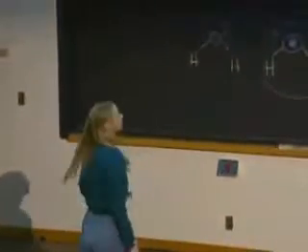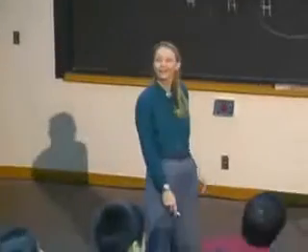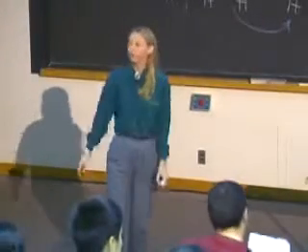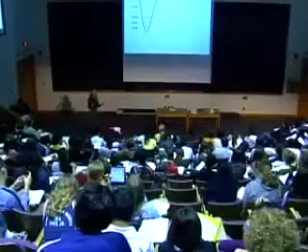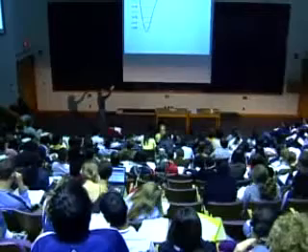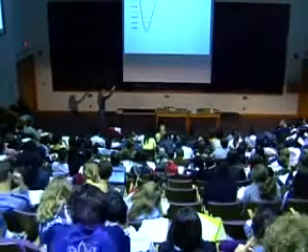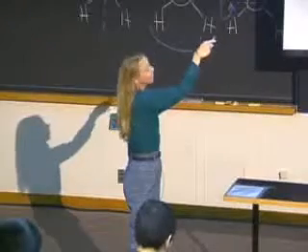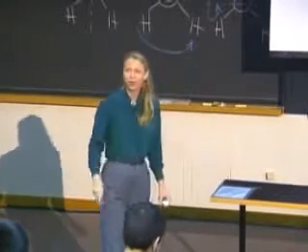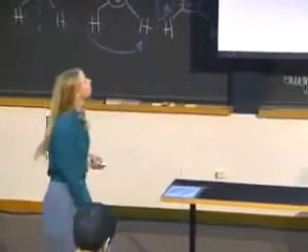These are the allowed vibrational energies. So in other words, the molecule can vibrate with this energy, or this energy, or this energy, but not some arbitrary energy like right in here or like right in there.